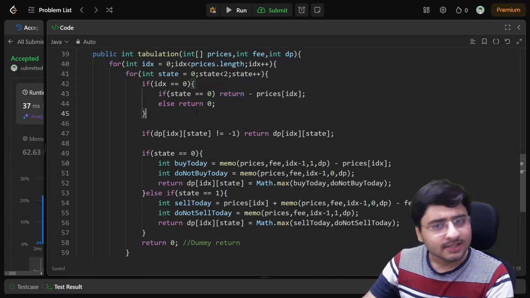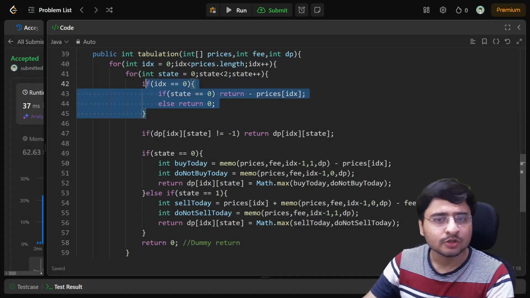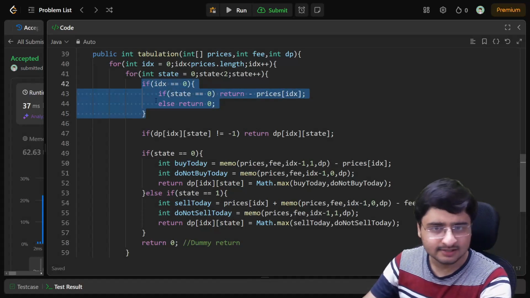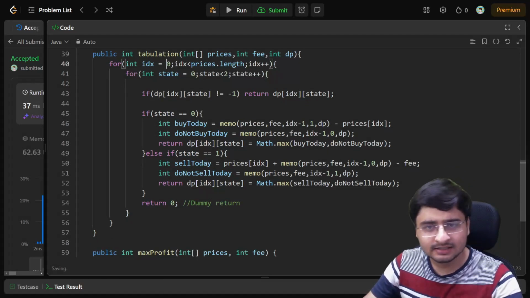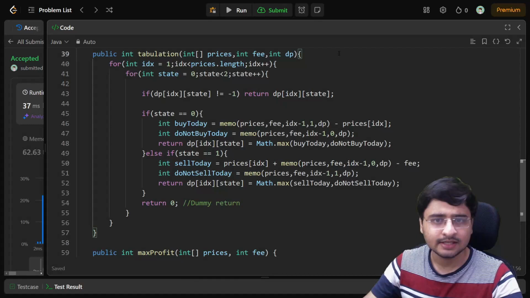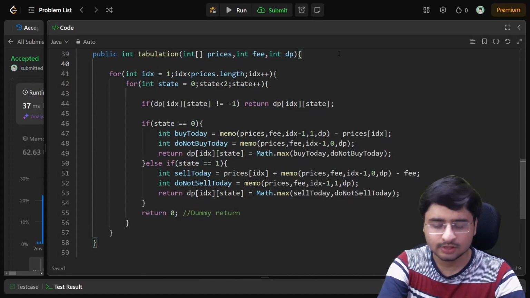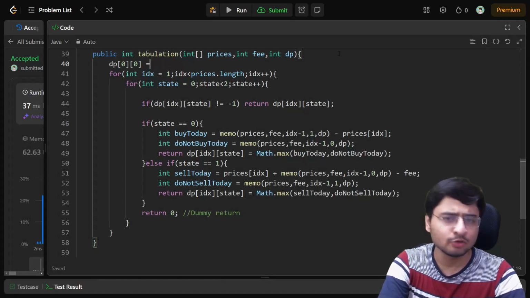One thing we can do is ignore the index 0 case here, and instead of this index 0 case, we can start the index loop with this, and here we can initialize dp[0][0] with minus prices, or let me do it normally only.